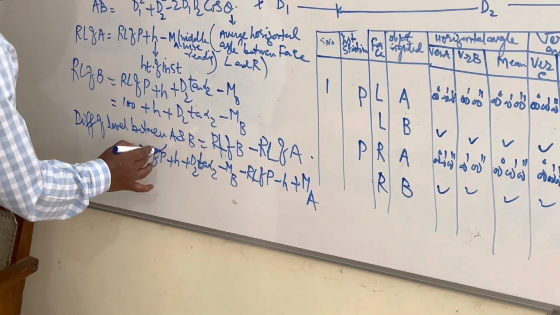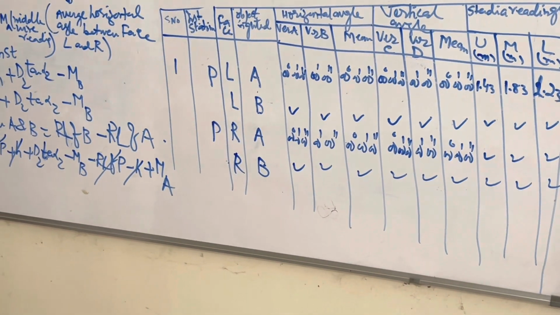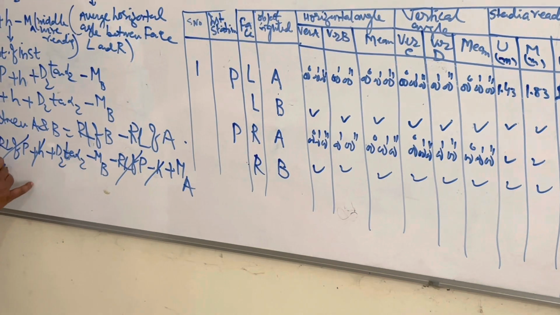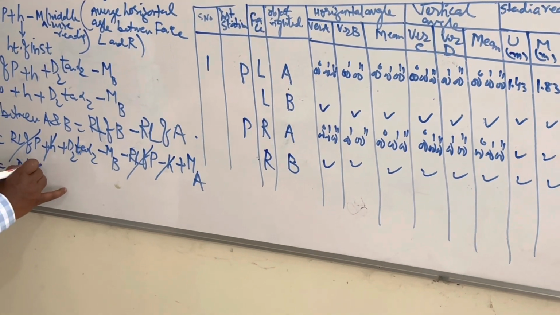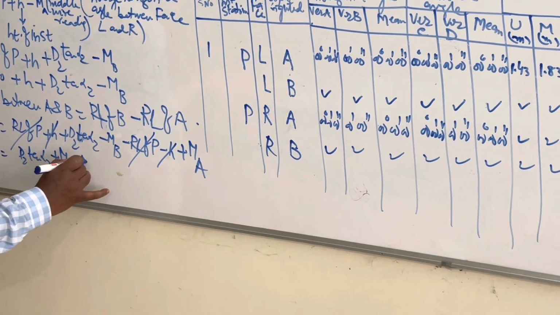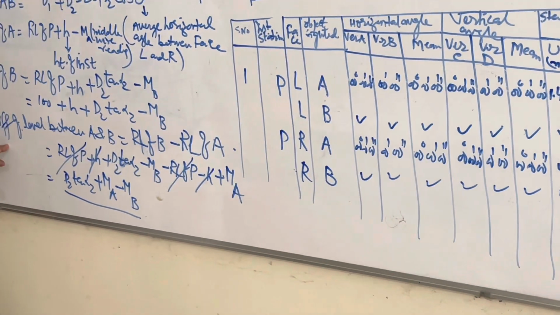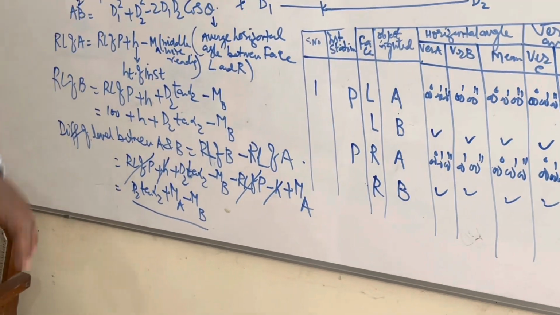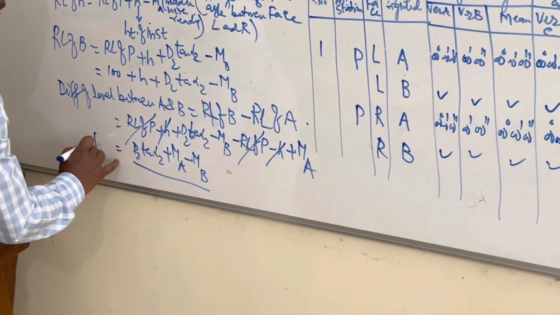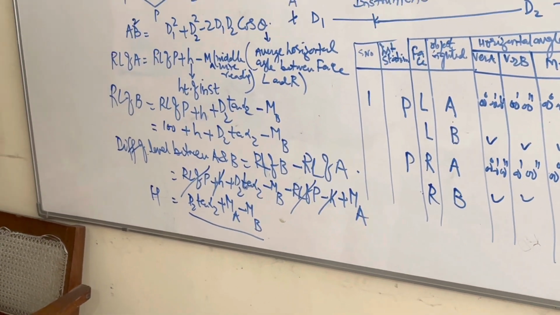So देखिए this कैंसिल, this H कैंसिल, क्या बच गया आपका? D2 tan alpha 2 plus MA minus MB. So this is the difference of level between A and B. Suppose this is capital H, difference of level between A and B.